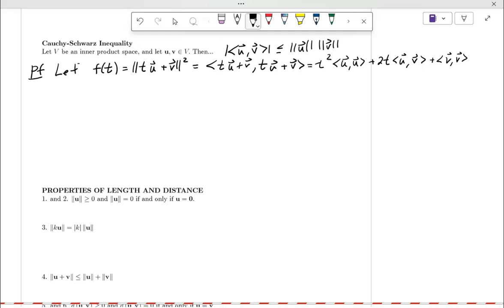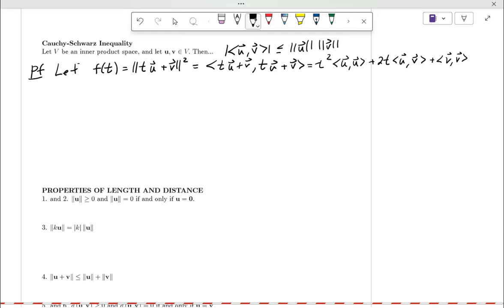So as a function of t, what kind of function is f? You get a number times t squared, a number times t, and a constant. So specifically, what kind of polynomial? Quadratic, right? It's a quadratic polynomial, we agree? Okay, cool. We know lots of things about quadratic polynomials.